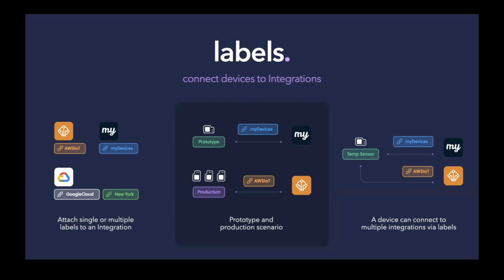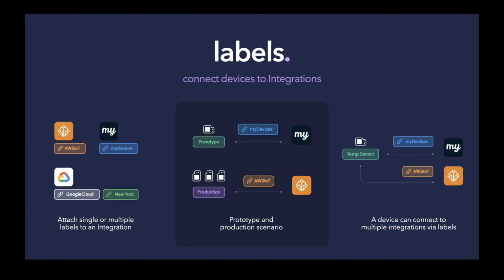Now, with integrations, it's necessary to have a label in order for a device to connect and send data to that integration. So, like we mentioned, AWS or My Devices, if you had an integration as part of that process, you would also create a label, ideally very representative of that integration.